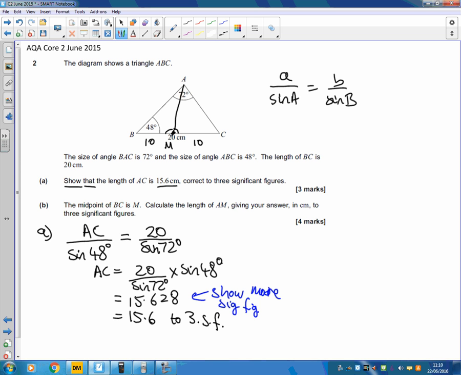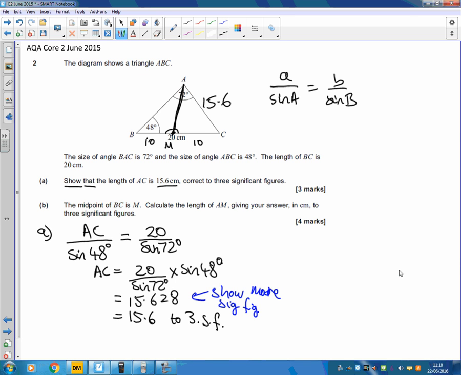Right, so we found the midpoint and we want to find the length of A to M. And we give our answer to 3 significant figures. Okay, what do we know? We know this is the midpoint, so B to M is 10 and M to C is 10. We worked out in part A that A to C is 15.6.